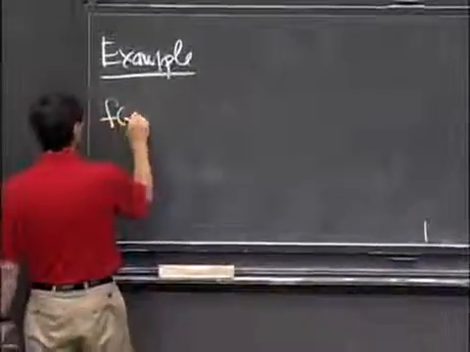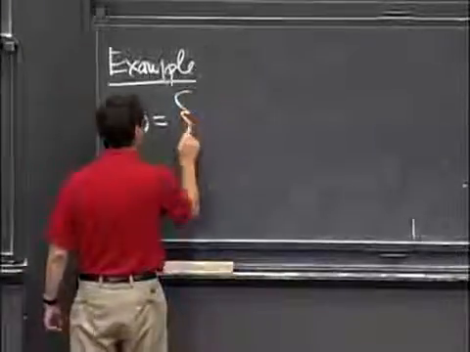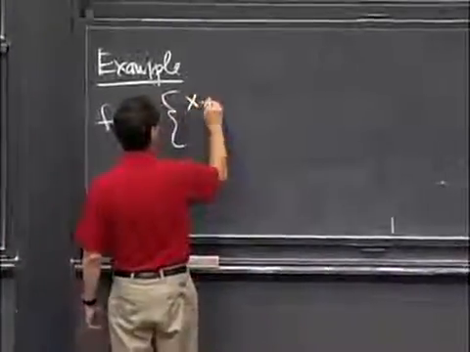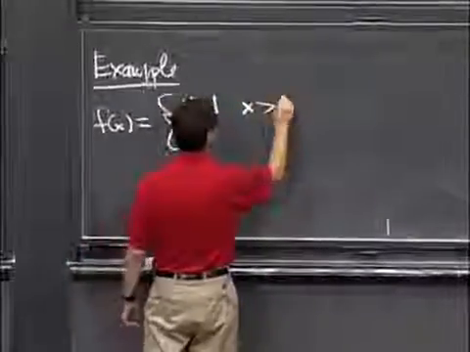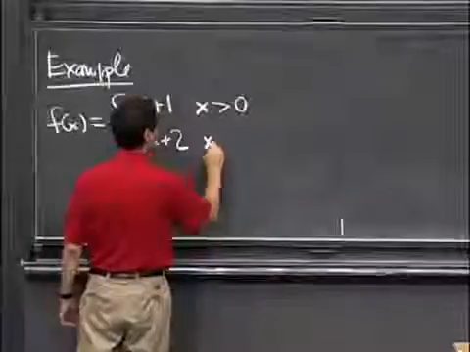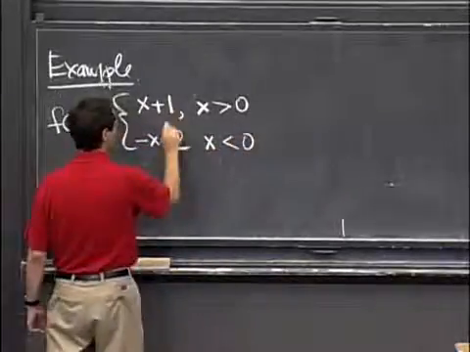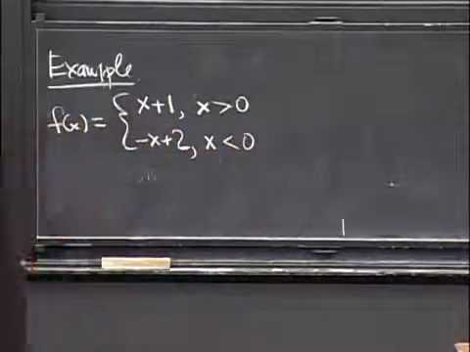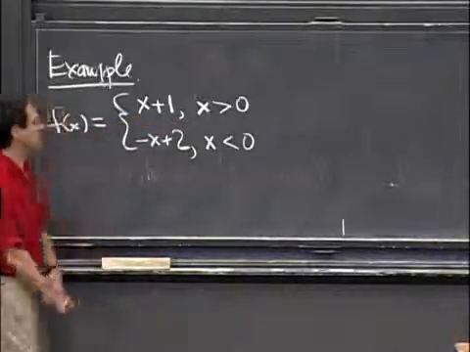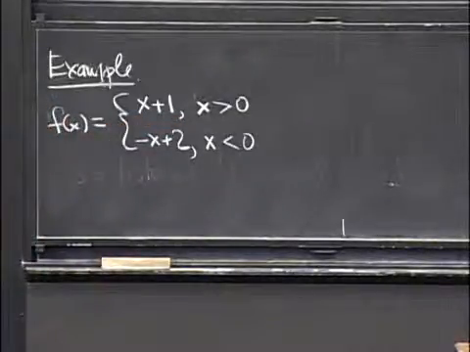So I'll take a function which has two different definitions. Say it's x plus 1 when x is bigger than 0, and minus x plus 2 when x is less than 0. So when x is greater than 0, it's x plus 1.